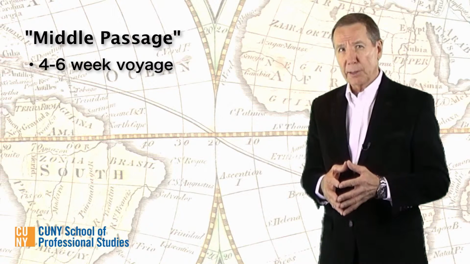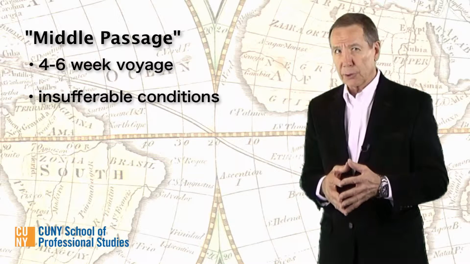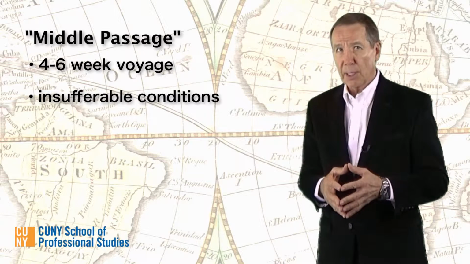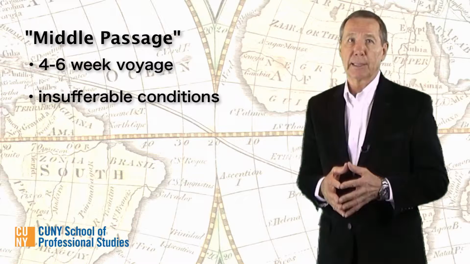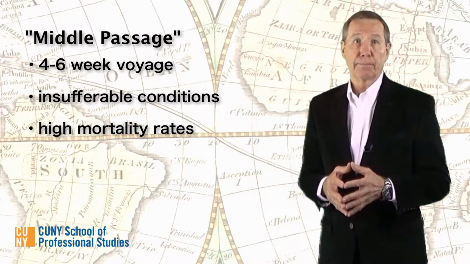For an African unfortunate enough to be captured and enslaved, the stretch of the voyage referred to as the Middle Passage was absolutely horrific. Depending on the winds, the trip lasted a month or longer, often stretching to 6 weeks. Enslaved Africans were subjected to excruciating conditions in cramped, filthy quarters with precious little to eat and drink. Many died on the journey.